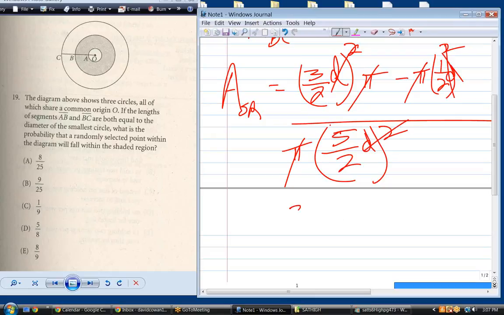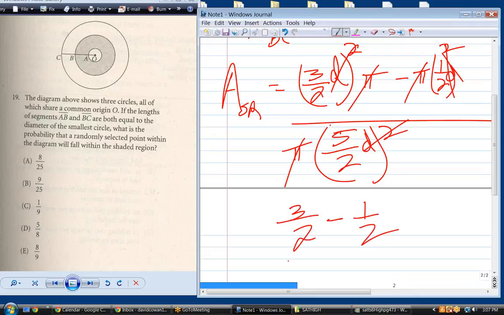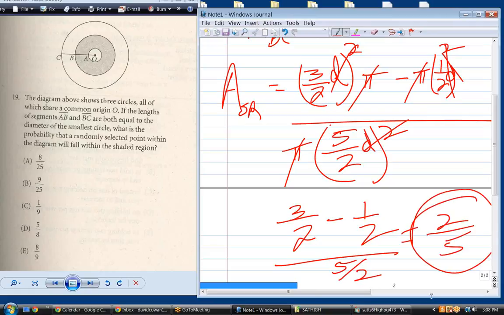And we have 3/2 minus 1/2 in the numerator and 5/2 in the denominator. So you can copy dot flop that? Yeah, I can. The numerator becomes 1. The denominator flipped, multiplied, becomes 2/5. That's not an answer.